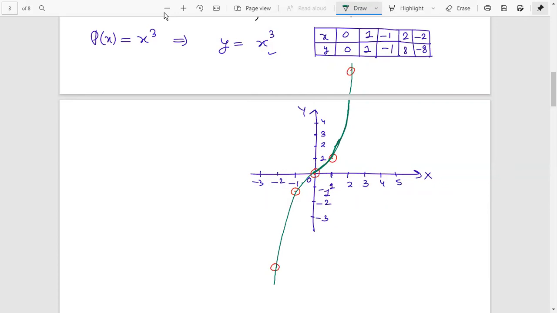Drawing the graph will not be asked in the examination, but I am just showing how this nature of graph comes. Right. So this will be a proper graph.